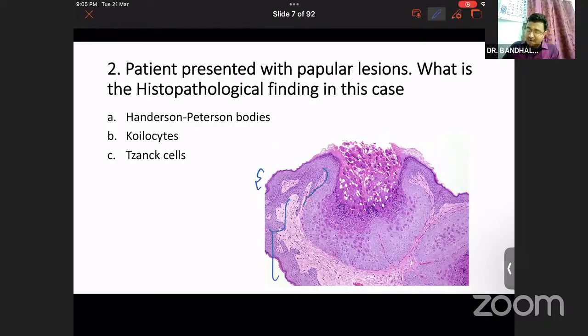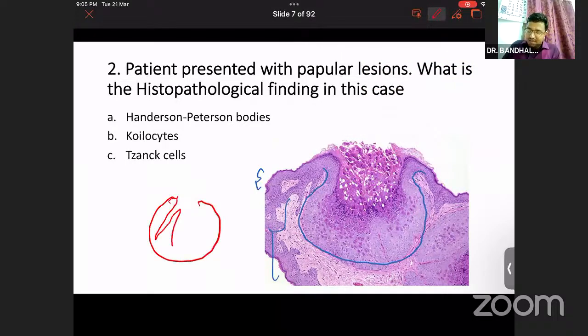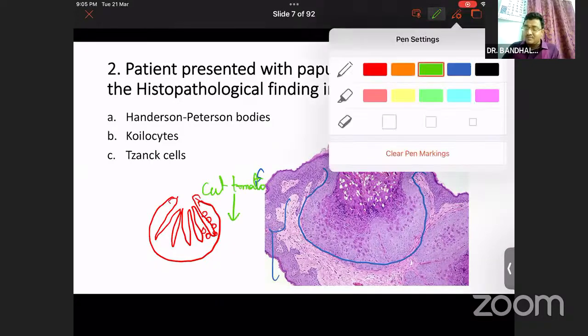There is an epidermal invagination, almost mimicking a tomato. If you cut a tomato, it looks like this, with multiple septa and multiple seeds. This cut tomato appearance is characteristic of molluscum contagiosum.